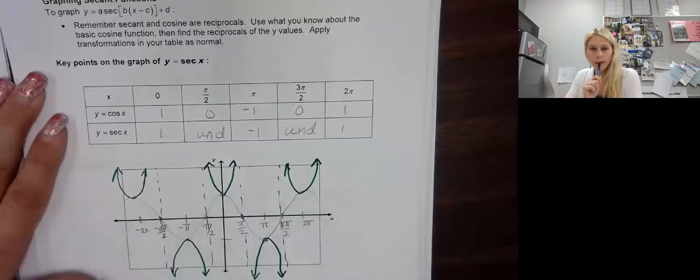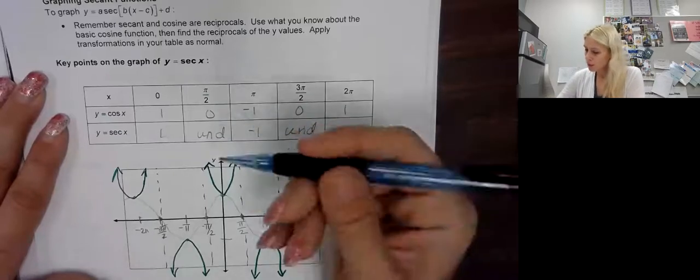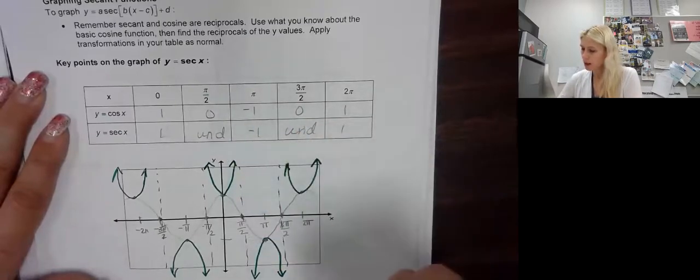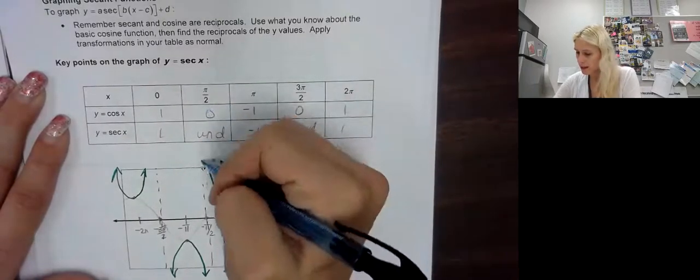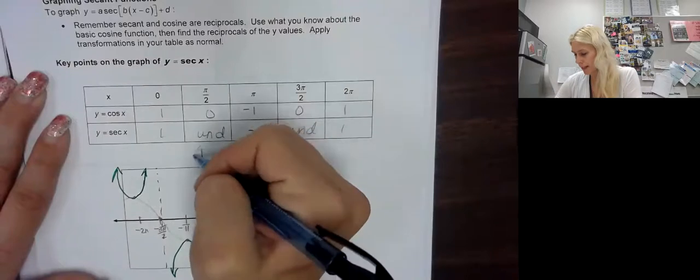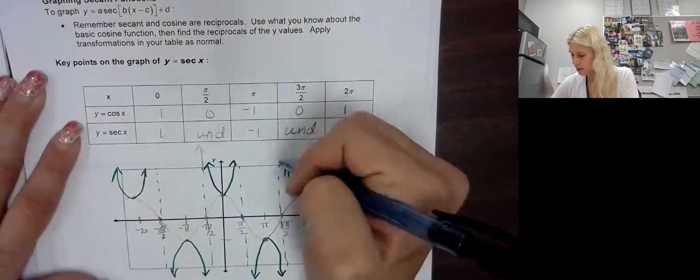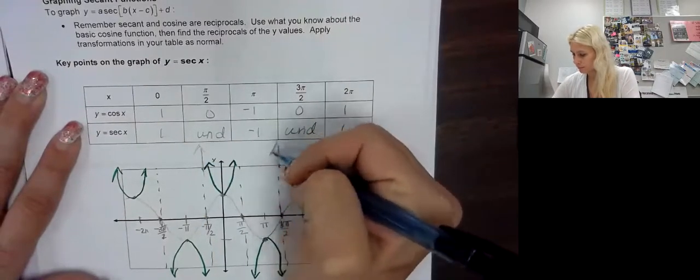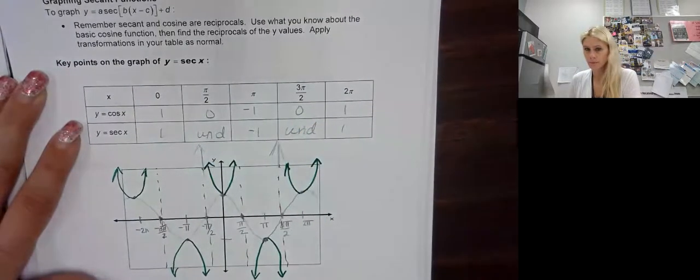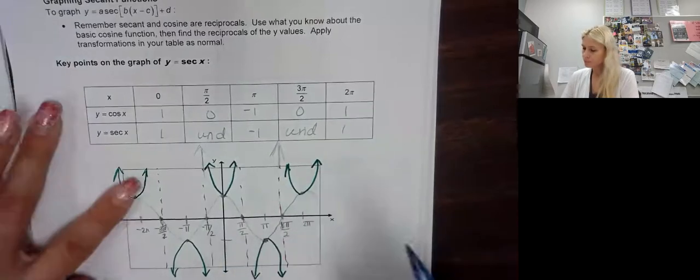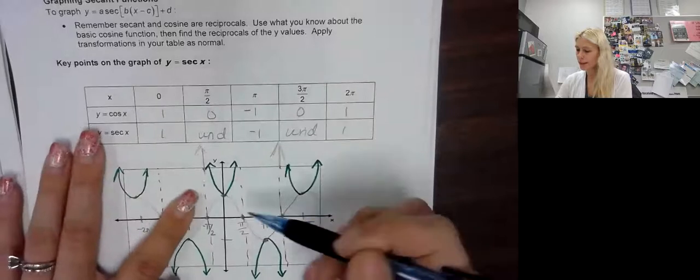Now, when it comes to our period, because we're talking about 2 pi, as you can see, I can go from -pi over 2 to 3 pi over 2. So if you see, we have 3 of these.